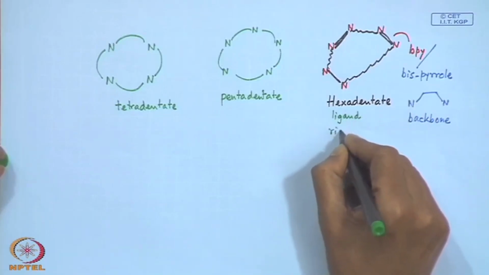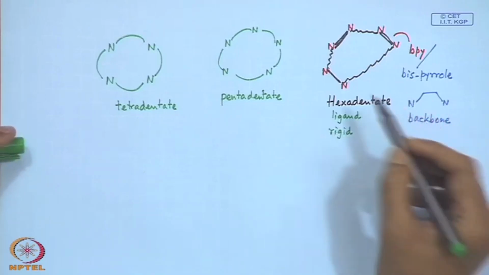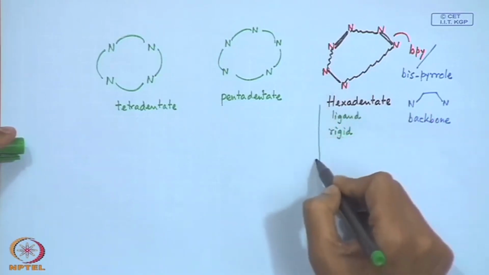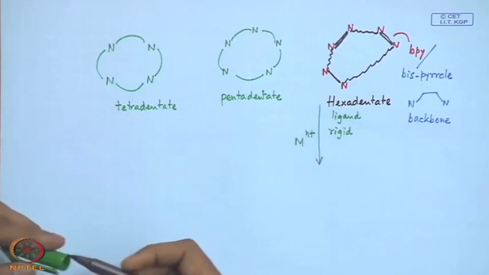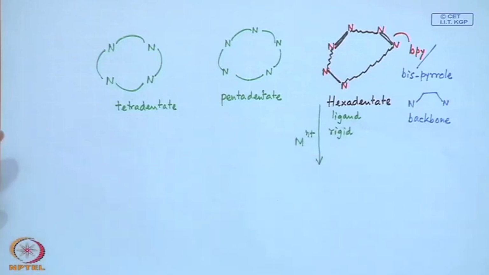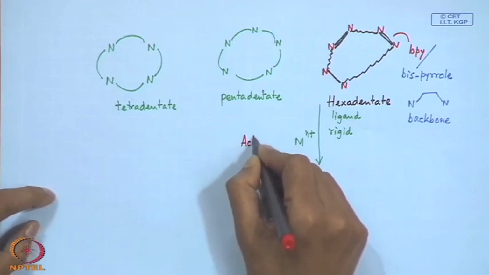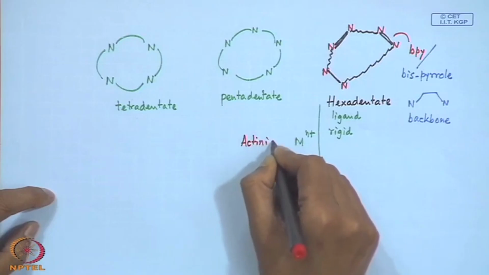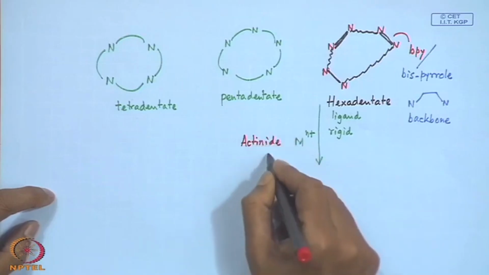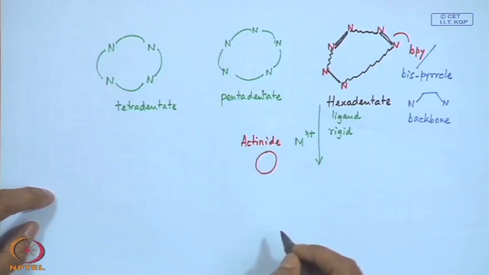which is rigid in structure. That means when we put any metal center, obviously that would be a bigger one. It can be from the actinide series, which will be bigger in size.